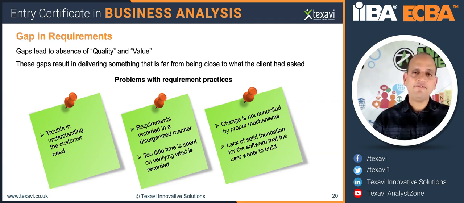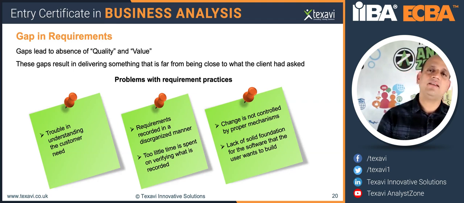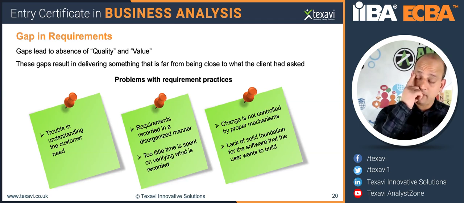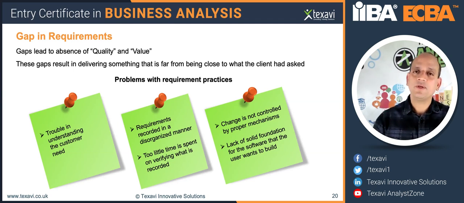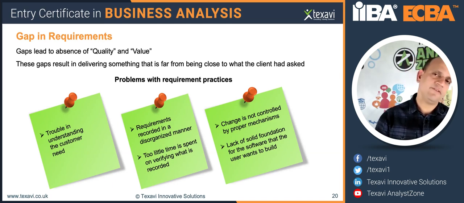You need to specify it and then validate it as soon as possible, because otherwise, if you do not specify your assumption, people might mistake it as a fact, and that would ultimately lead to big trouble. So as BAs, we should be very careful about what we assume. If we are saying this is an assumption, then we need to specify that clearly.